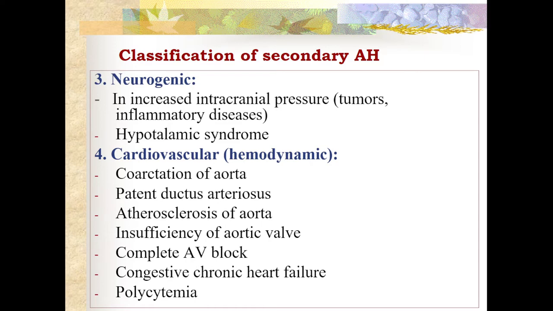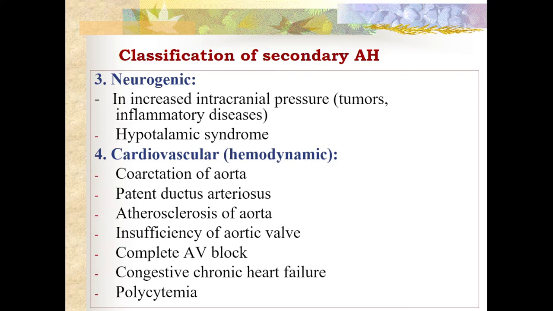Cardiovascular diseases, the same, can cause secondary arterial hypertension, such as coarctation of aorta, patent ductus arteriosus in younger patients, congenital diseases, atherosclerosis of aorta in elderly.